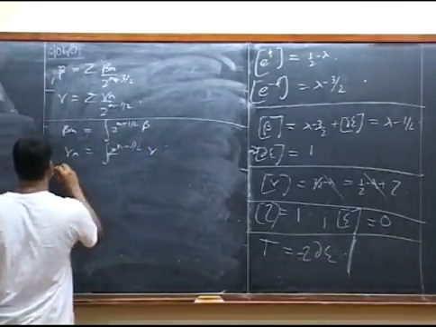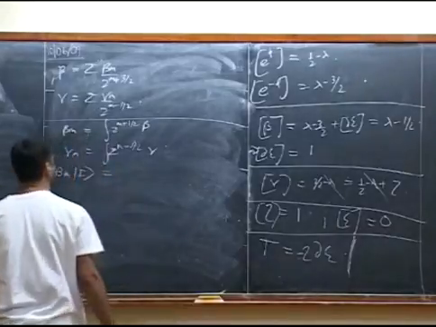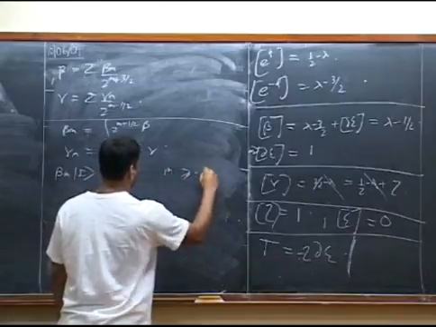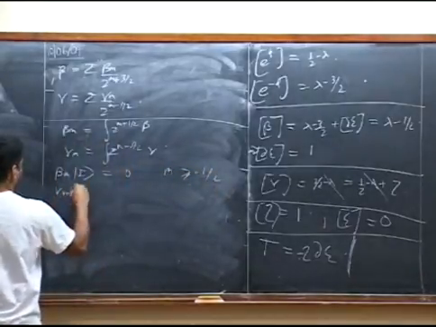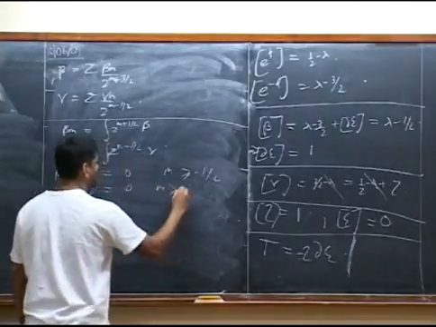Now we use that to conclude that beta m on identity was equal to 0 for m greater than or equal to minus half, and gamma m on identity was equal to 0 for m greater than or equal to 3.